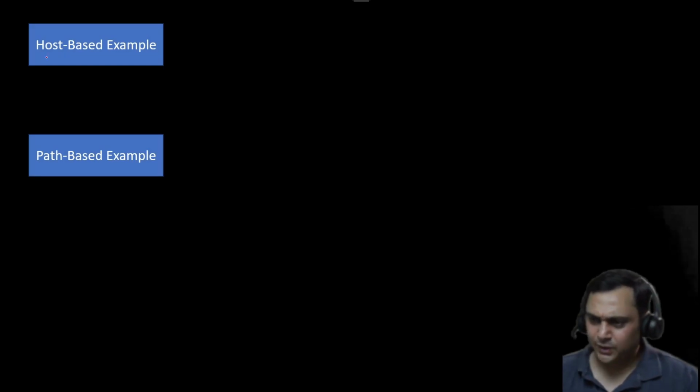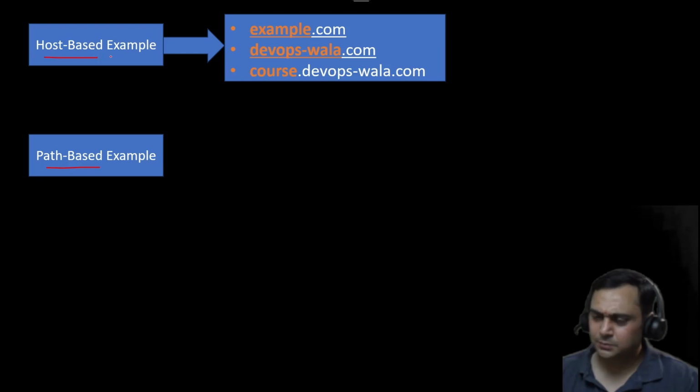As I said, we can segregate the traffic on the basis of host base or path base. Host base means example.com and devops-wala.com or course.devops-wala.com. As you can see here, the FQDN changes. That is called host based.